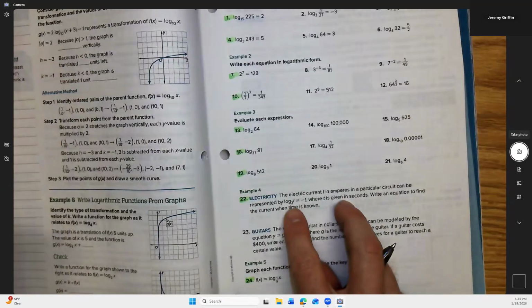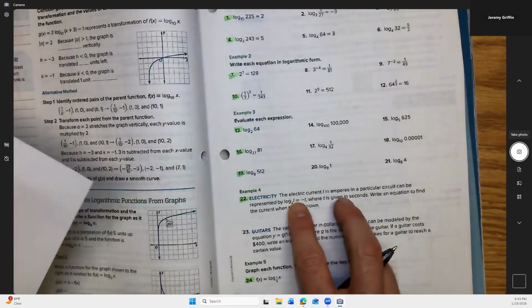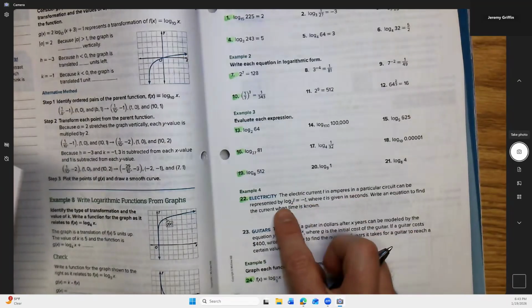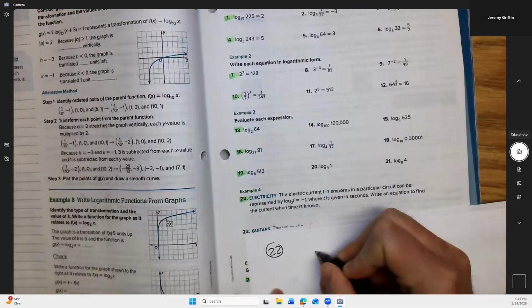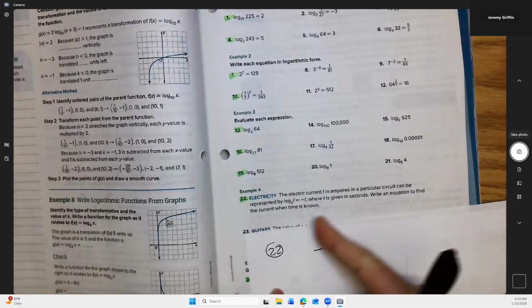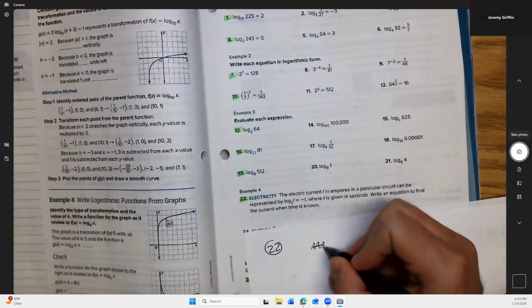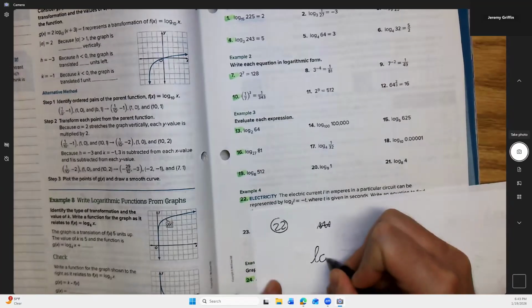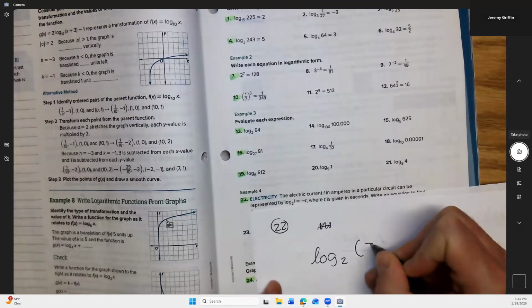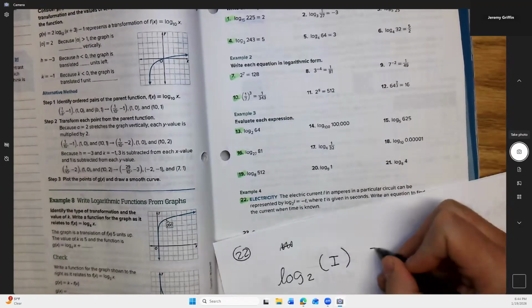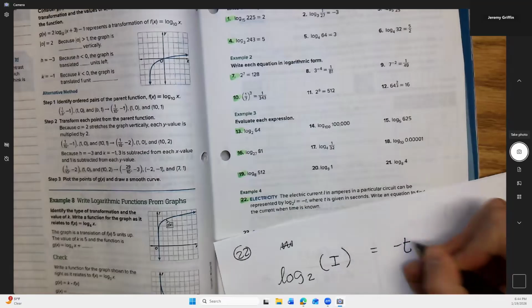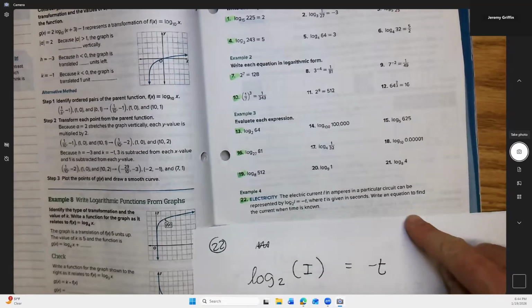22. Electricity. Electric current I in amperes of a particular circuit can be represented by this expression. Actually, it's in a logarithm. Maybe we should start with that. So log base 2 of the intensity equals negative t, where time is in seconds.